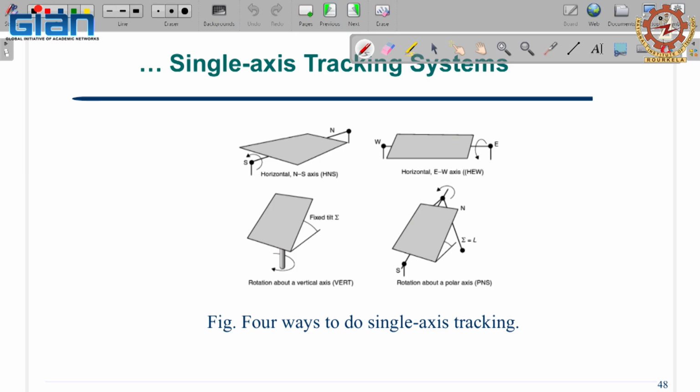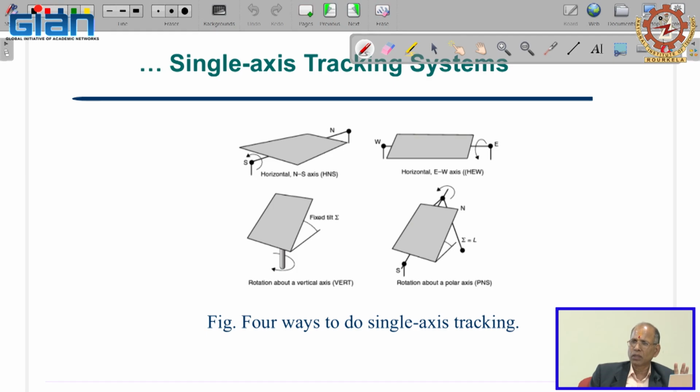Here you can see the single axis tracking. There could be four possible options for how the PV panel can rotate. One is horizontal north to south.